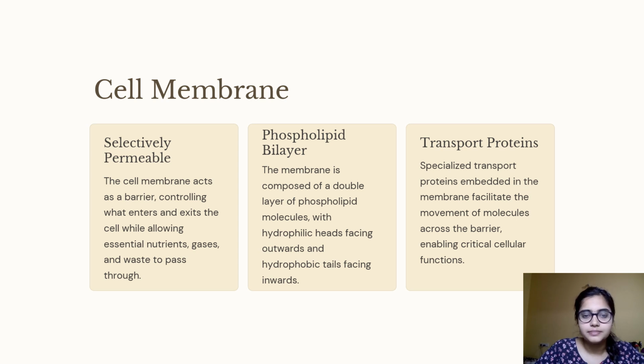Phospholipid bilayer: the membrane is composed of double-layered phospholipid molecules with hydrophilic heads facing outwards and hydrophobic tails facing inwards. Transport proteins in the cell membrane are specialized proteins embedded in the membrane that facilitate the movement of molecules across the barrier, enabling critical cellular functions.